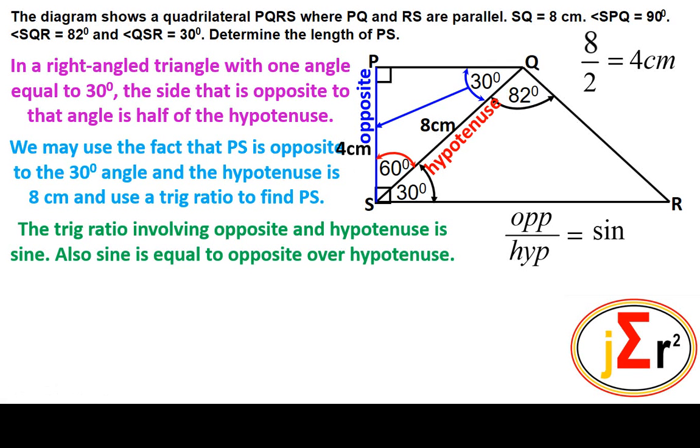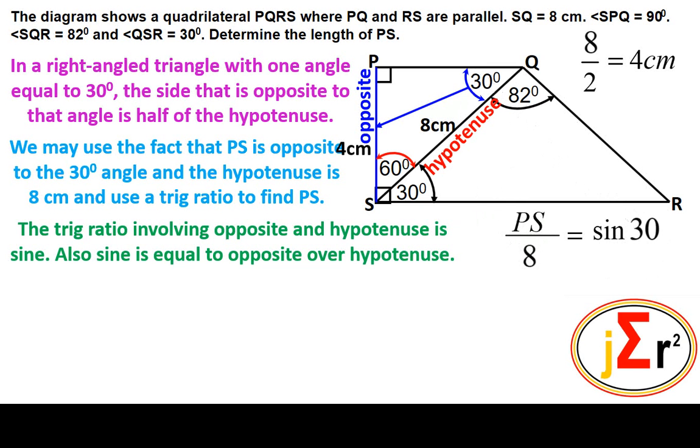So we may use the fact that PS is opposite to the 30 degrees angle and the hypotenuse is also known. Opposite and hypotenuse implies sine. So the opposite to that angle, the 30 degrees angle, is PS. And the hypotenuse is 8. And the angle involved is 30 degrees.